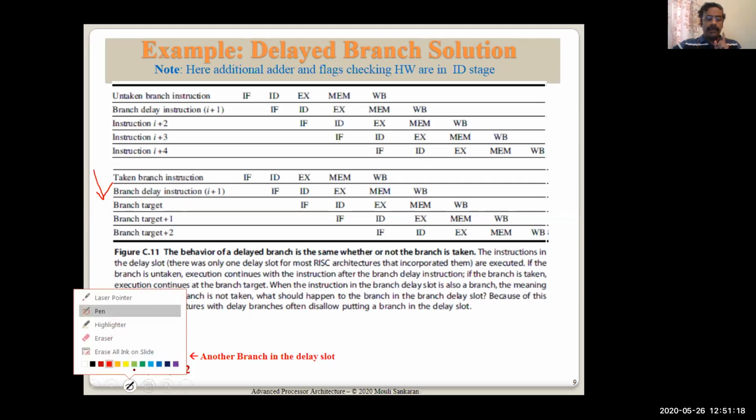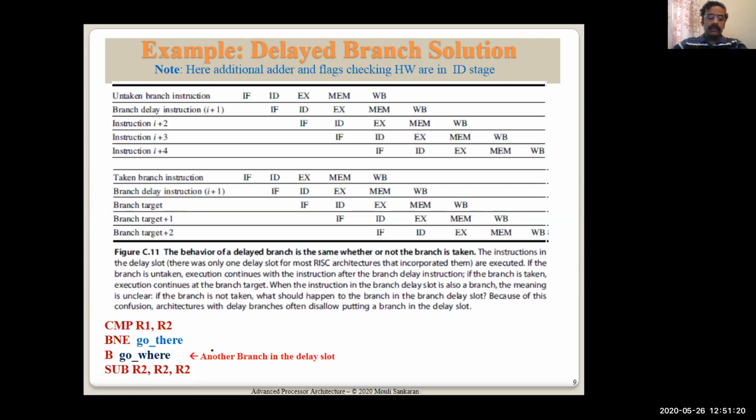Now, what is the impact? It is like a puzzle. Just think about it. What we want to do, if this branch is taken, we want some instruction to be executed in this slot, but we want to continue with the execution here.